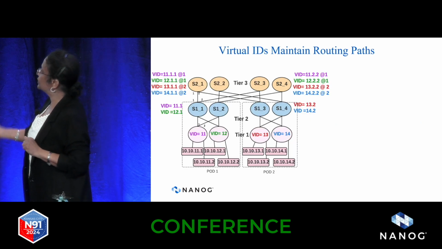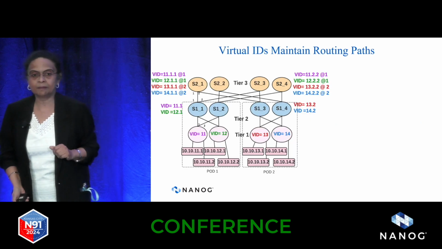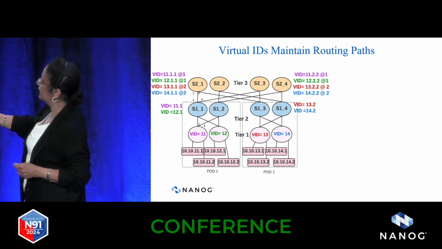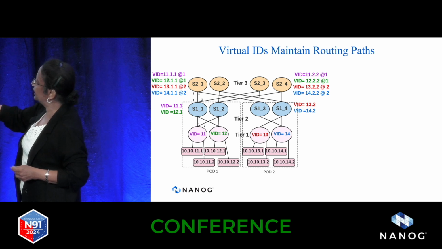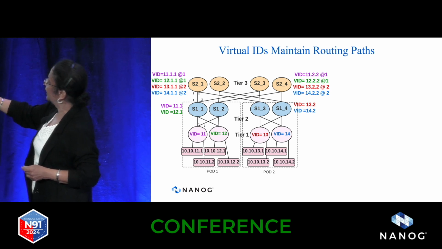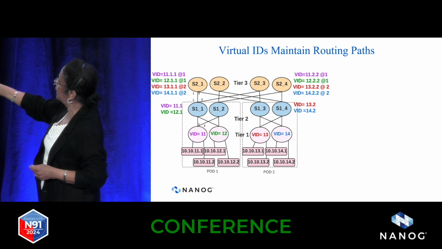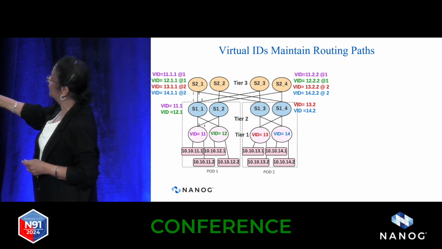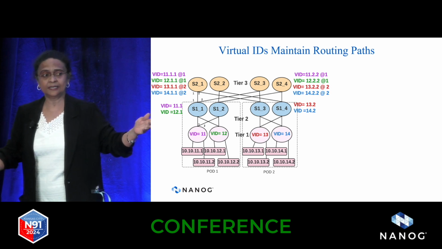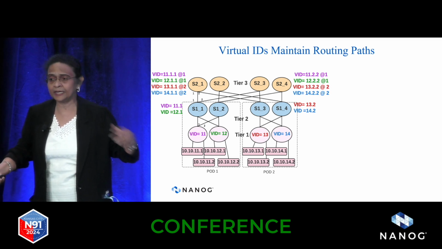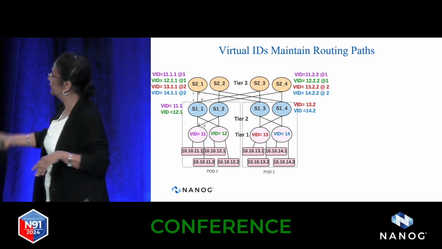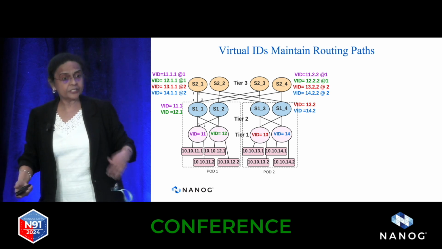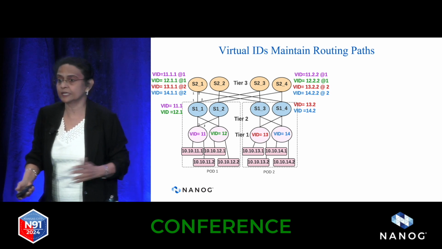Okay, so the virtual IDs maintain the routing paths, the established routes, and if you see again, I have color-coded the purple tree going all the way up there, and the purple tree reaches every top-tier spine. So does the green tree. I have not put in the VIDs at every spine because it clutters the picture. And the only information I need is on which port the VID was acquired.